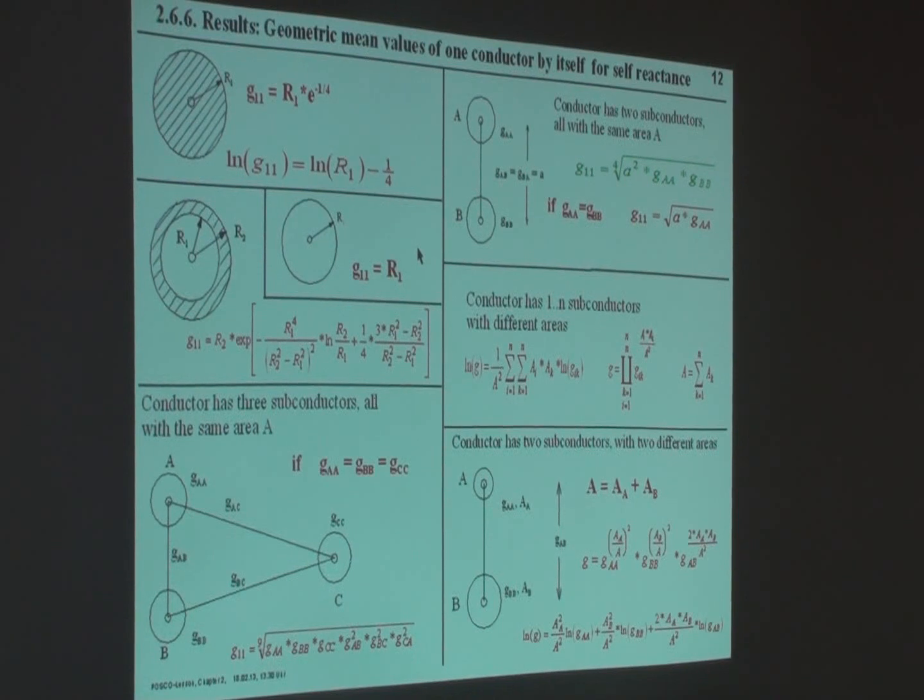So, and if this is a distance A, you put A for this, and for this, and then you can say GAA. And GAA. LN.